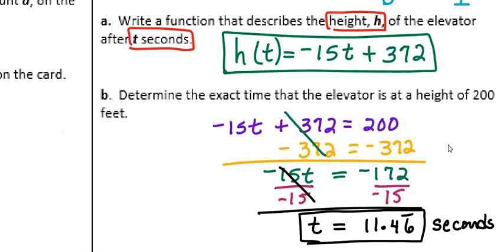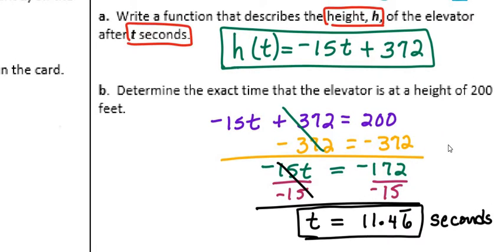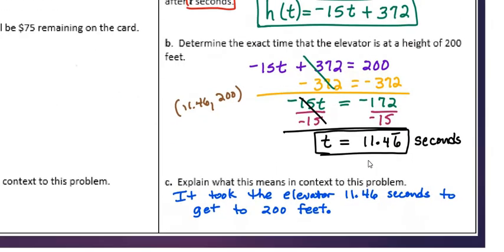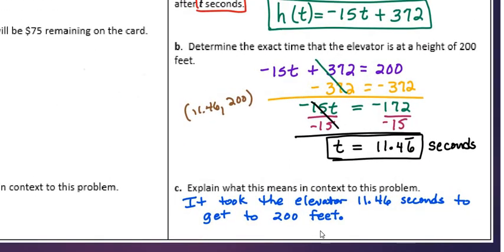Now, if I were to write this as an ordered pair, it's going to look like this. I'm going to have 11.46 and 200. Now, I have to say, well, what does that mean in context to this problem situation? So when I write it, it means this. It took the elevator 11.46 seconds to get to 200 feet.